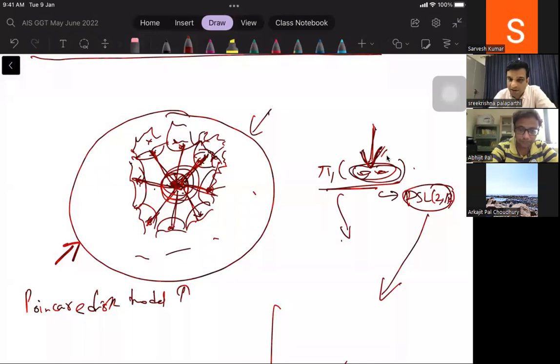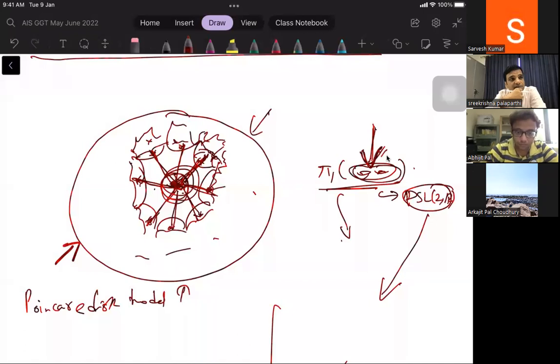Suppose you have a metric space X and you consider a quasi-isometry from X to X. Now that F need not be at finite distance from identity. There will be a quasi inverse to it. Okay, and F composed with that quasi inverse will be at a finite distance from identity.